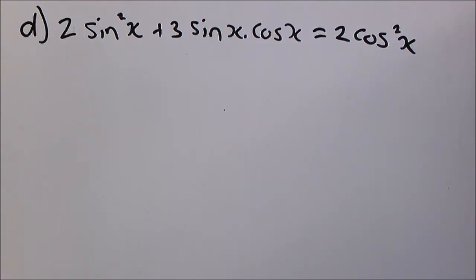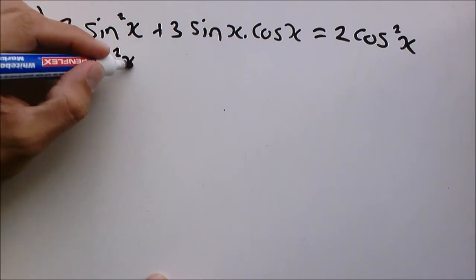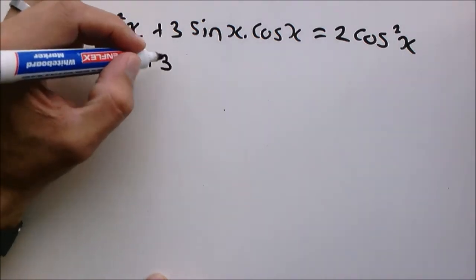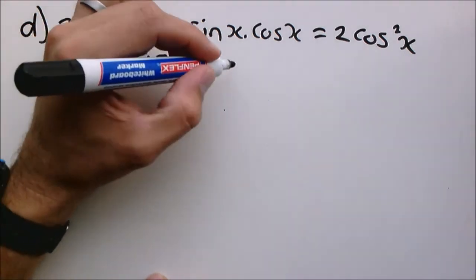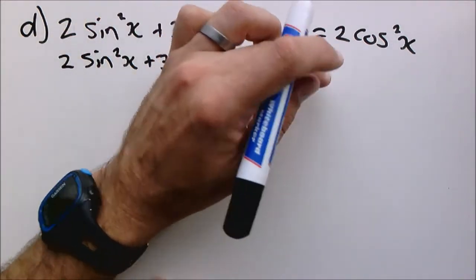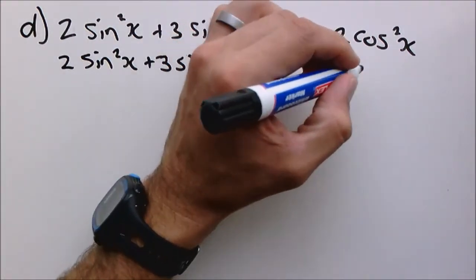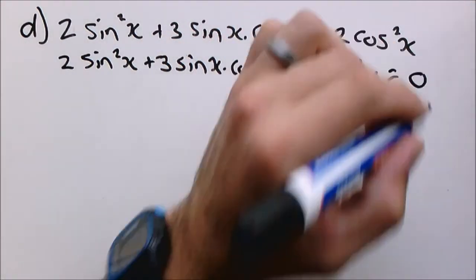And let's first structure it so that we can see what the factors are, the roots. 2 sine squared x plus 3 sine x cos x minus 2 cos squared x equals 0.